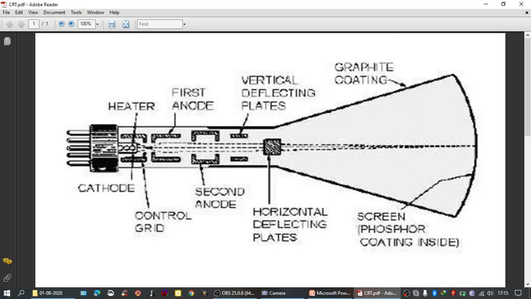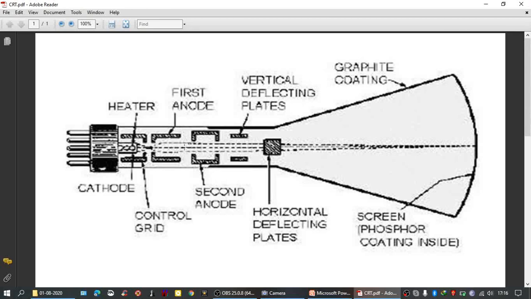Then they pass through focusing anode, a pair of electrode plates, which are called as focusing anode. They are provided with relatively low magnitude of positive voltage, and further the electrons are accelerated, and the main purpose of this focusing anode is to make the electrons concentrated at one particular level.